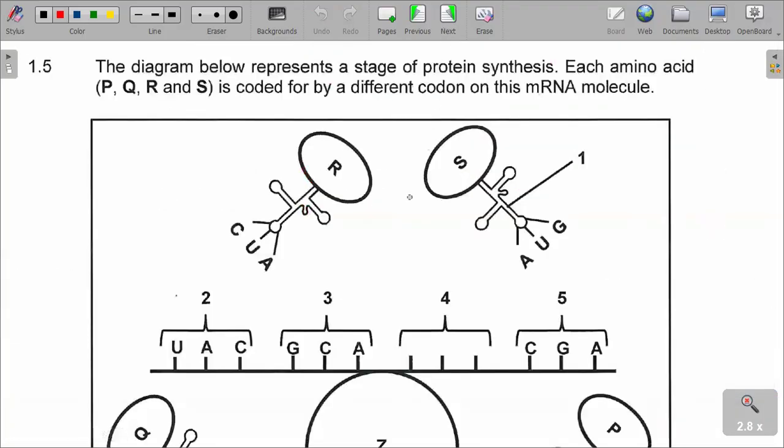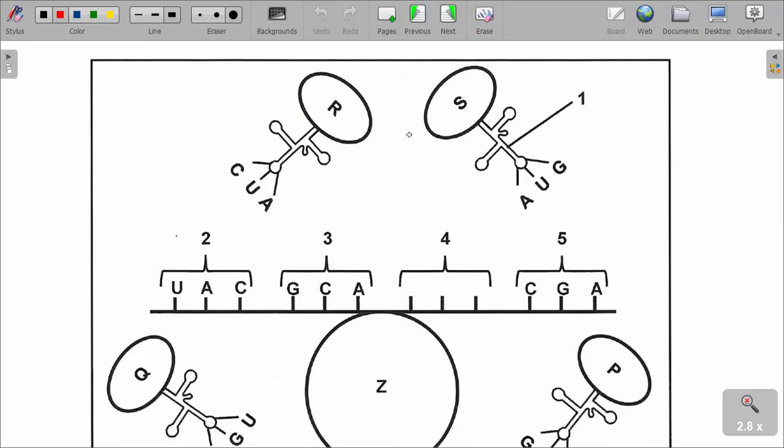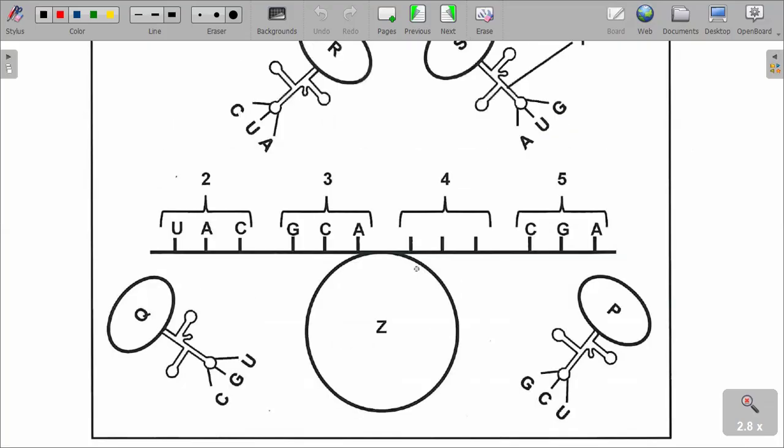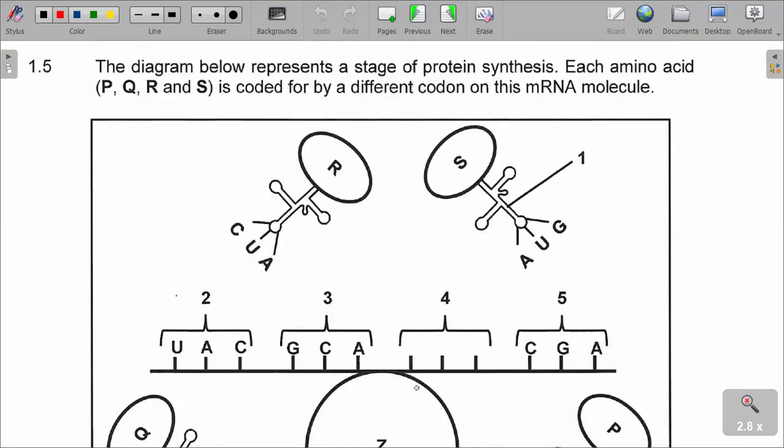The diagram represents a stage of protein synthesis. Each amino acid, P, Q, R, and S, is coded for by a different codon on the mRNA molecule. This question is just a repetition of a previous paper that we worked as a preparatory examination last year. We have worked it out already for those who have been following.